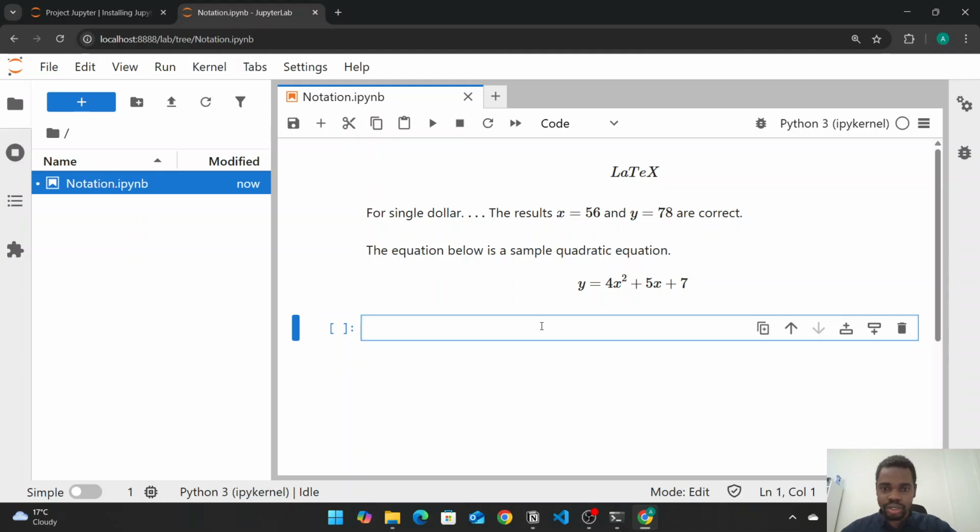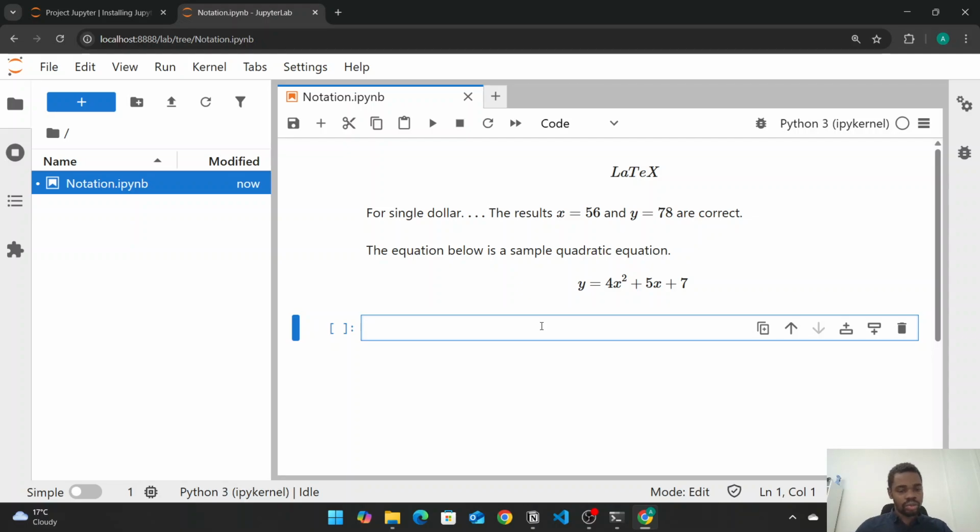Well, let's leave it there with this quadratic equation, and let's move on to plotting. So apart from including equations and notations in our book, we can also do things like plotting, adding plots.